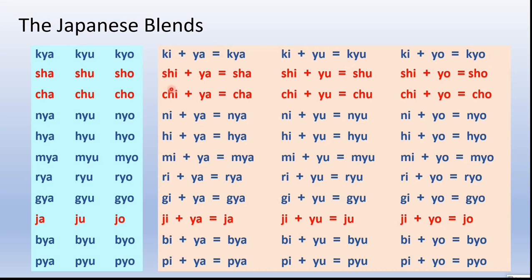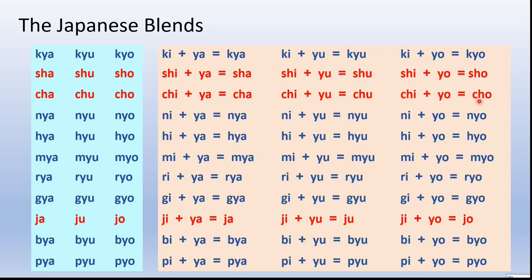The next line is shi plus ya is sha. So this is not shya. That's why this is an exception, and that's why it is written in red. Shi plus ya is sha, shi plus yu is shu, and shi plus yo is sho. Similarly, chi plus ya is cha, chi plus yu is chu, and chi plus yo is cho.